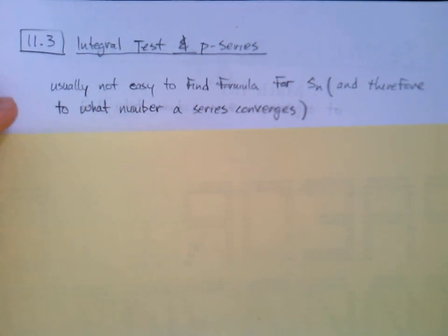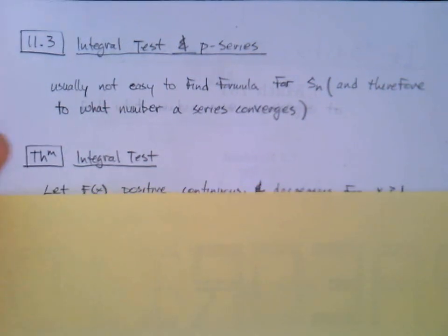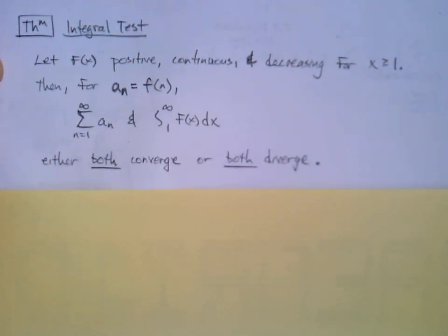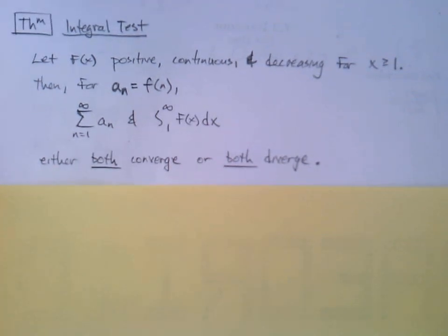Okay, so what's the integral test? Let me show you the whole thing, and I'll give you a moment to write that as I read it once over, and then we'll go back and explain what's going on. So it says, let f of x be positive, continuous, and decreasing for x greater than or equal to 1.